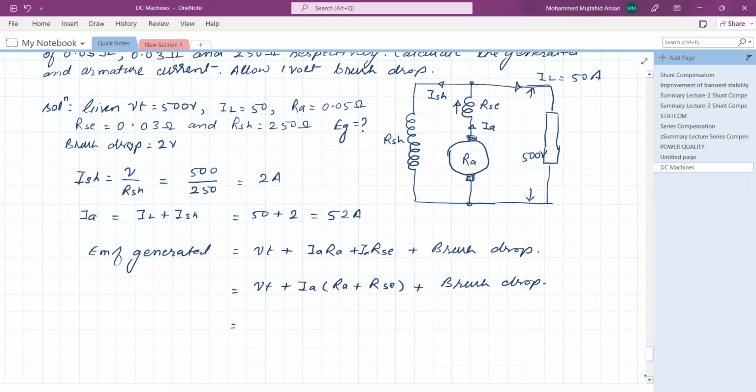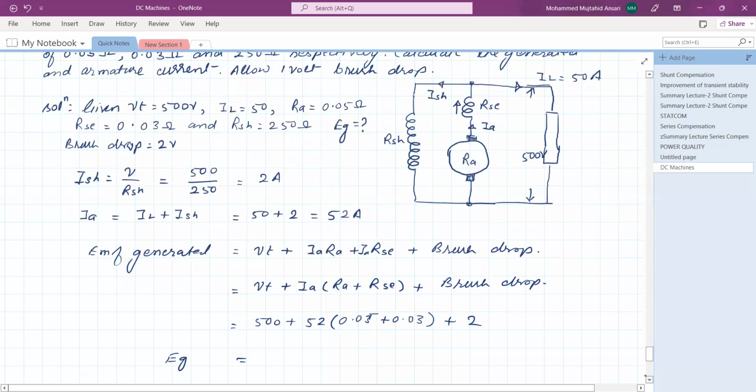So how much is the terminal voltage? 500 plus 52 into the bracket, armature resistance is 0.05, plus series field resistance 0.03, plus brush drop is 2, and the total EMF generated is, just calculate.